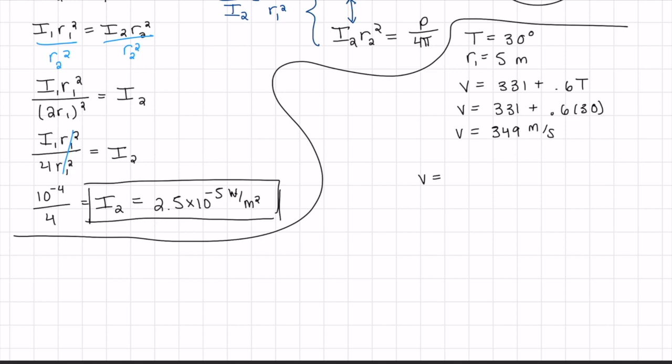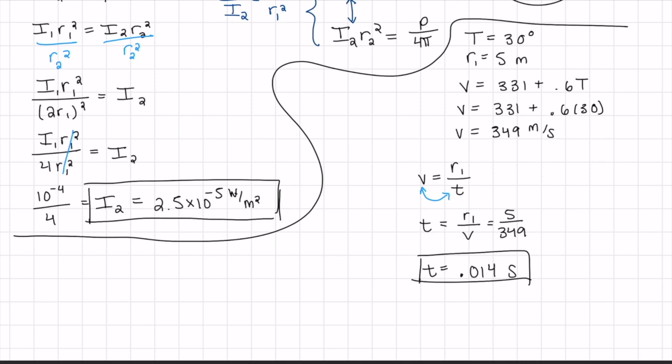So we have our v, our distance in this case is R1, and then we could cross multiply, t equals R1 over v, which would be 5 over 349, and that time would be 0.014 seconds. So getting to you very quickly.